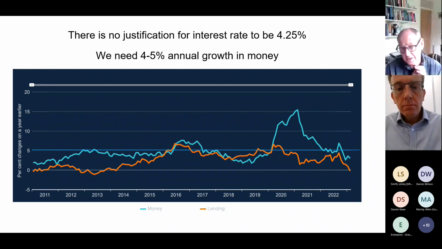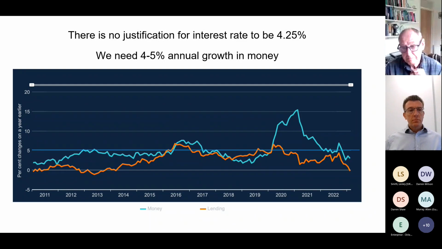Why has bank lending gone to zero? Basically, it's the consequence of the trust budget and the impact it's had on long-run interest rates and mortgage demand. About 70% of the growth in money supply is mortgage lending.